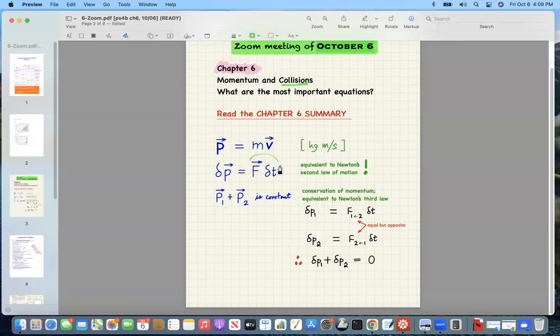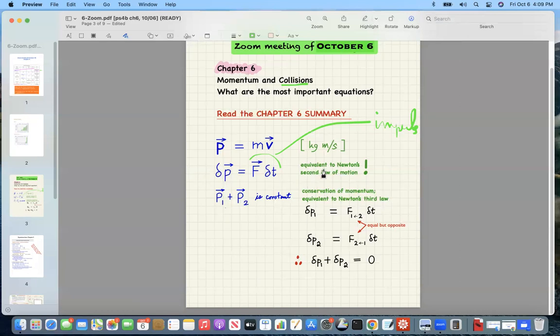And this combination is called impulse. So sometimes you'll get a homework problem or an exam problem where you have to use the idea of impulse. You just remember impulse is force times time, kind of unlike work, which is force times distance.